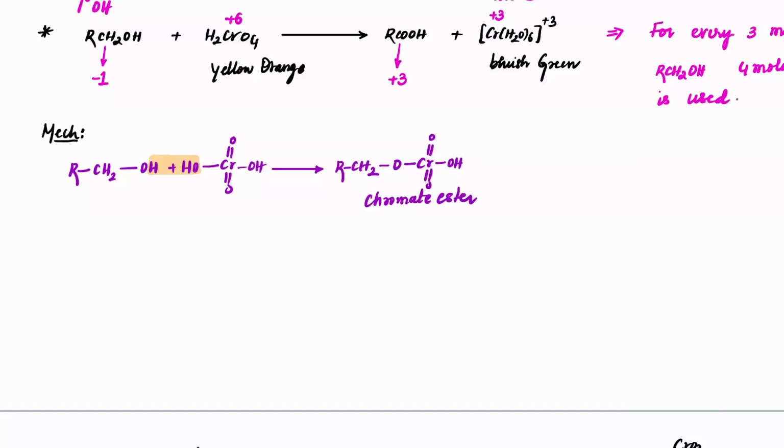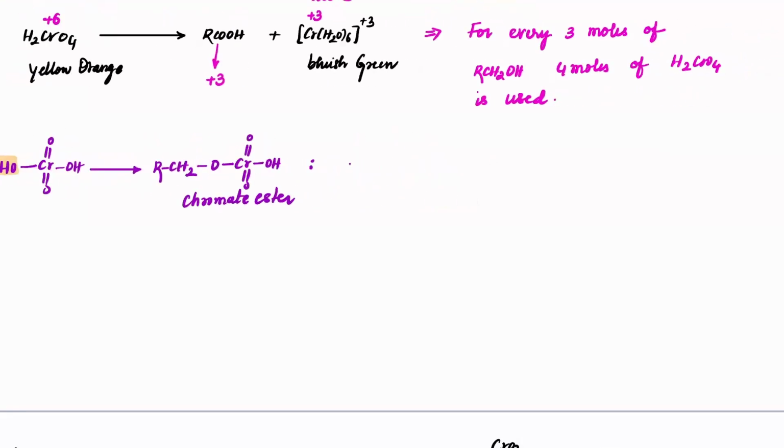So the first formation is the chromate ester. Now notice the structure of chromate ester, how it is. R, CH, and one H here with oxygen, Cr double bond O with OH and another double bond O. So the lone pair present on this oxygen will try to take the H plus from here, and water from the other end will try to extract H plus from here.